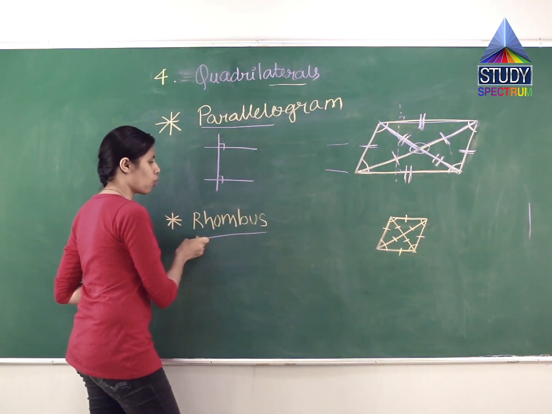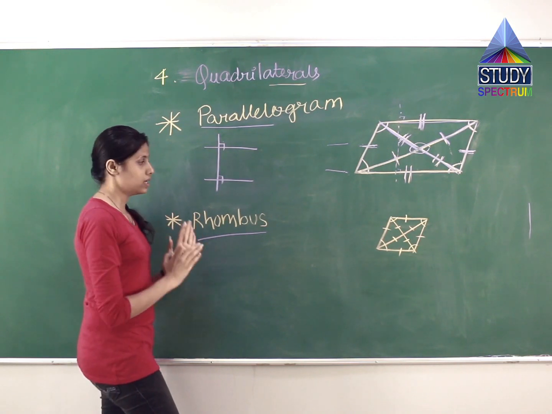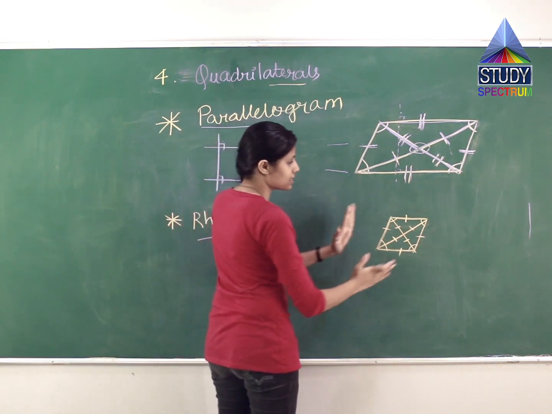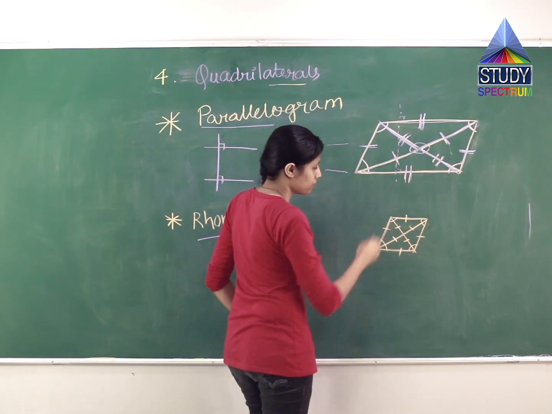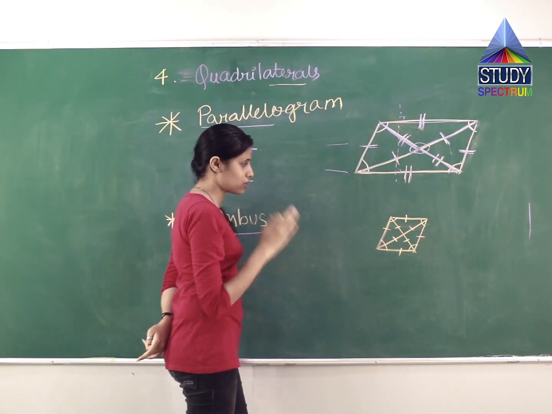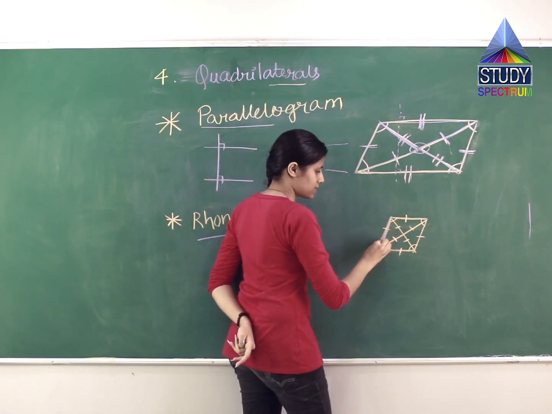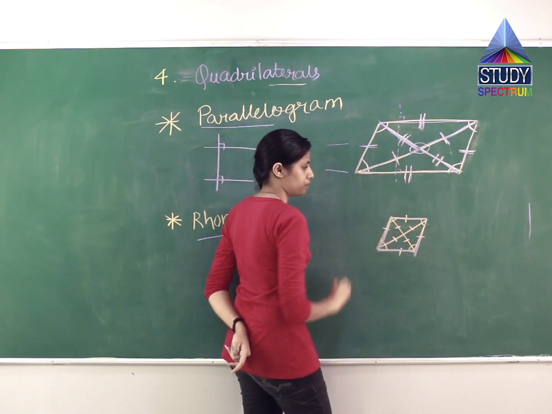Next, coming down to the rhombus. What is a rhombus? A rhombus is similar to a square. The only difference is that the sides of the rhombus are a bit slanted. Look over here. It is a quadrilateral. To be a quadrilateral, it has to have 4 sides. See, one side, 2, 3, and 4.